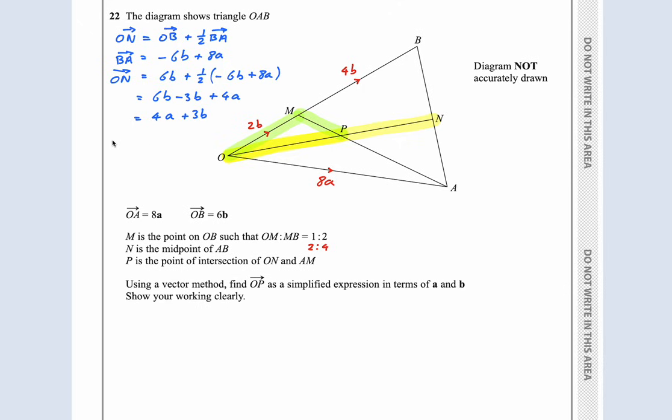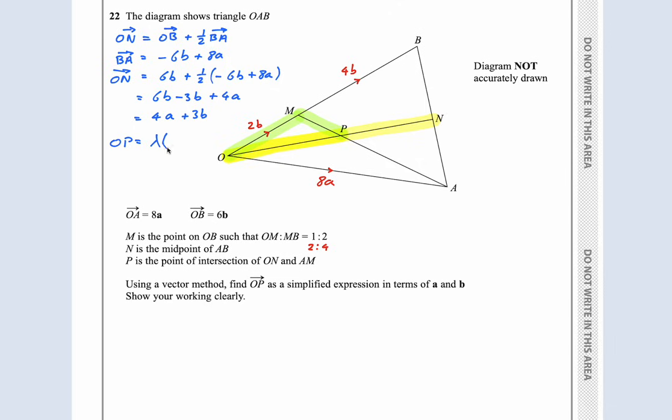So now, once I have ON, I'm going to say OP is equal to some fraction of ON. This is the tricky bit that I've done in previous questions. Let's go with lambda. Often we use the letters lambda and mu in vectors, guys.